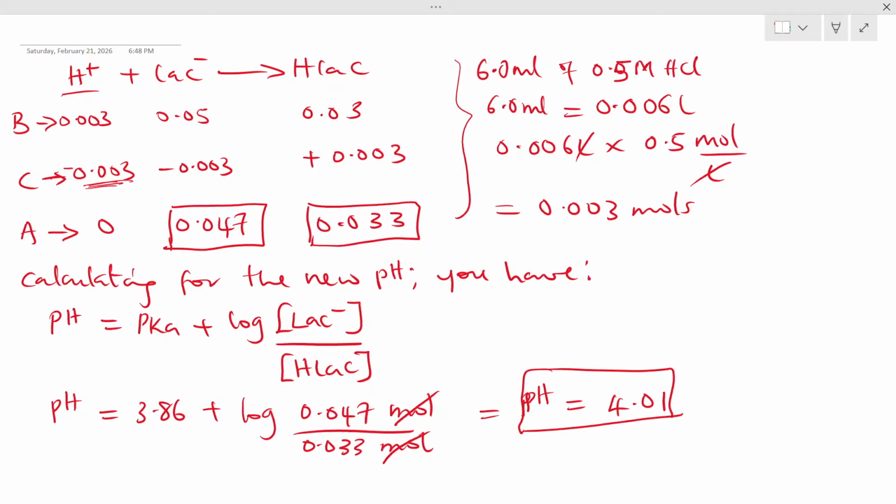Alright, so if we have the initial pH to be what? 4.08, okay, from the question. Go back to the question quickly.